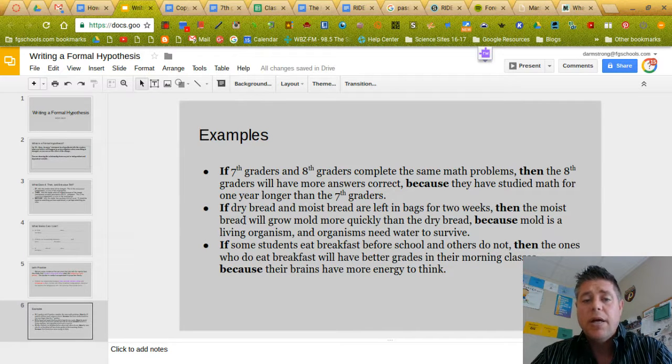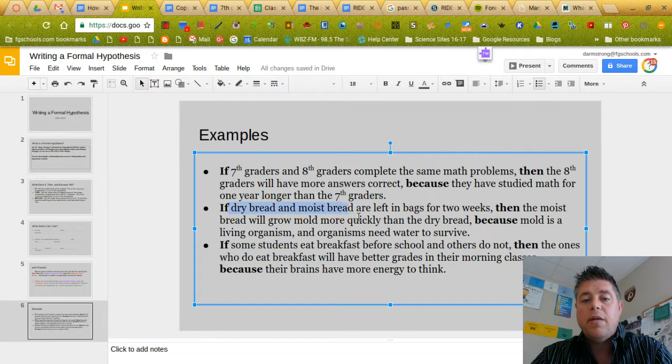Let's take a look at this one. If dry bread and moist bread are left in bags for 2 weeks, then the moist bread will grow mold more quickly than the dry bread, because mold is a living organism, and organisms need water to survive. We'll learn a lot about that this year in class. But again, here's my independent variable. I have two types of bread.